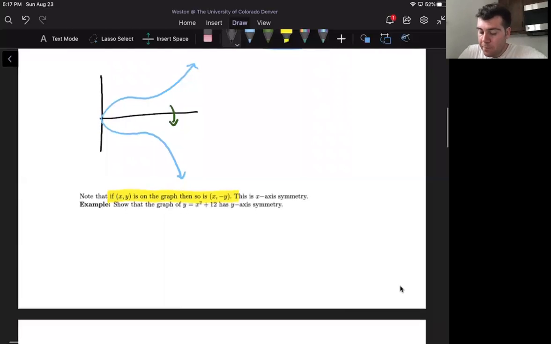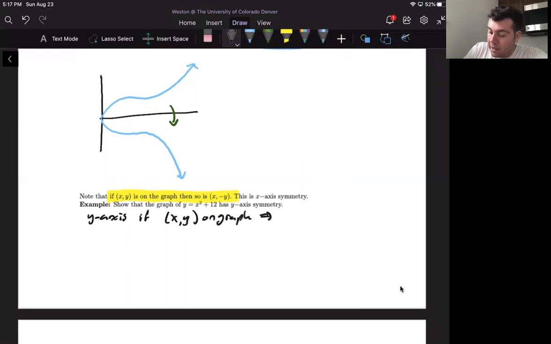All right, so for an example, we want to show that the graph of x squared plus 12 has y-axis symmetry. So we know we have y-axis symmetry if x, y on the graph implies negative x, y is on the graph.